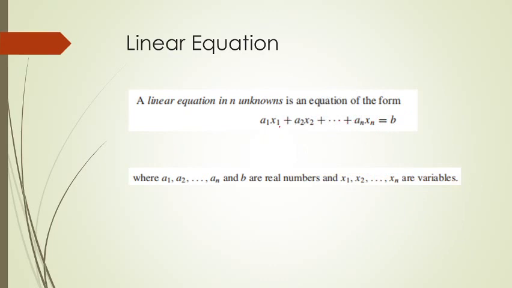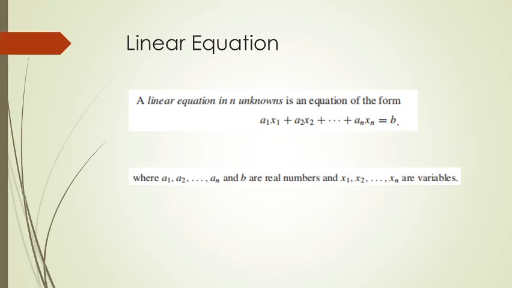So here we have n variables, or we call them n unknowns, x1, x2 until xn. All the coefficients a1, a2 until an, and the right side constant b, are real numbers.